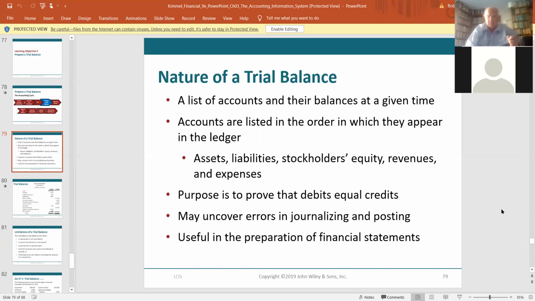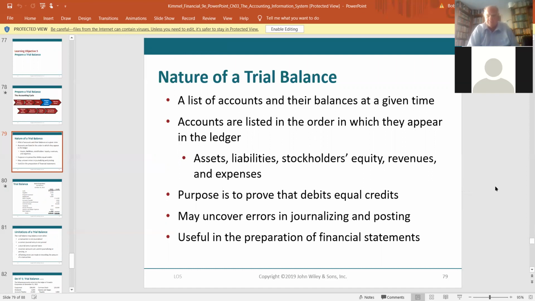They're by definition in the order of assets, liabilities, equity, revenues, and expenses. And we're going to list, if it's a debit balance, we put the balance in the debit side, otherwise it goes in the credit side. And the only thing the trial balance does for us is prove that the debits equal credits. That's all it does. And it's a very useful item to find mistakes.